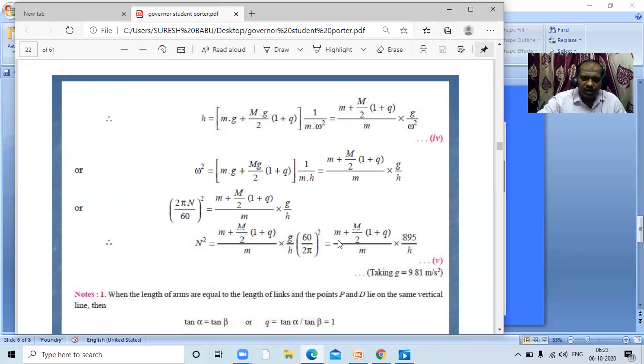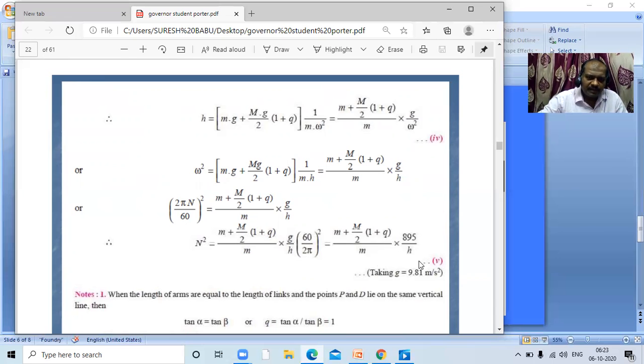Once again, pi value is 3.14 and g value is 9.81.